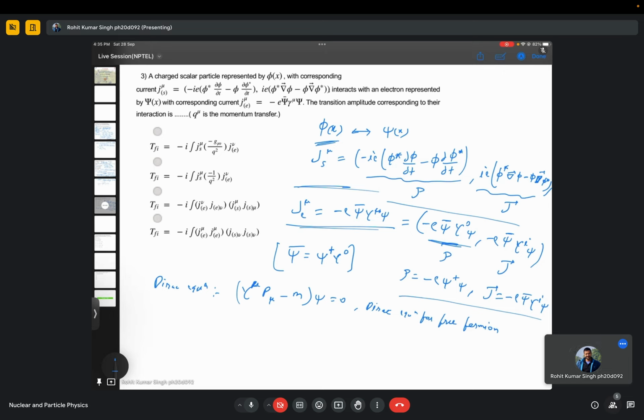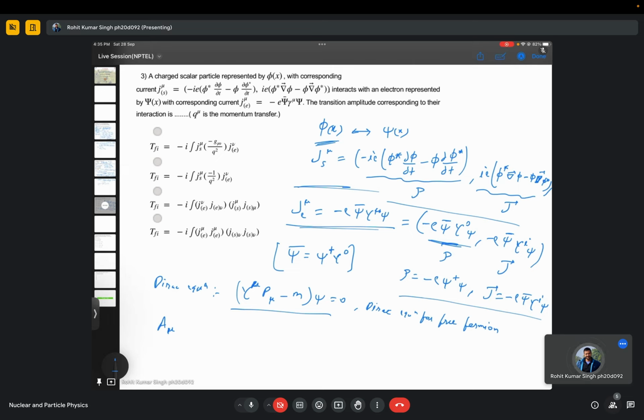Now suppose this fermion, which is free, is now experiencing some kind of force. It's in some kind of field, okay. Say, let's take the electromagnetic field, which is represented by the four-potential A mu, right?